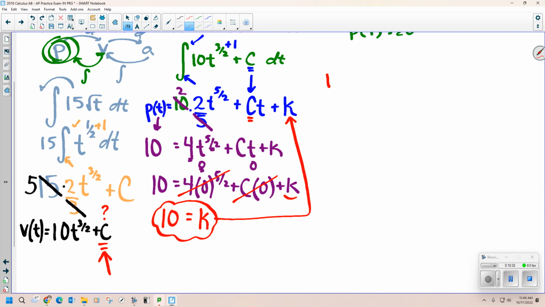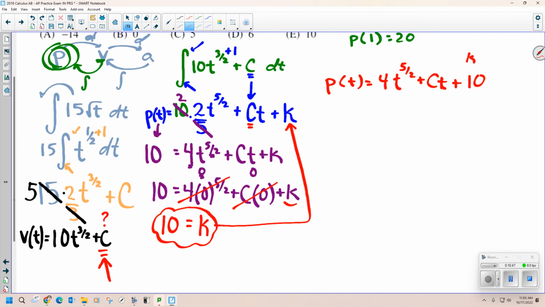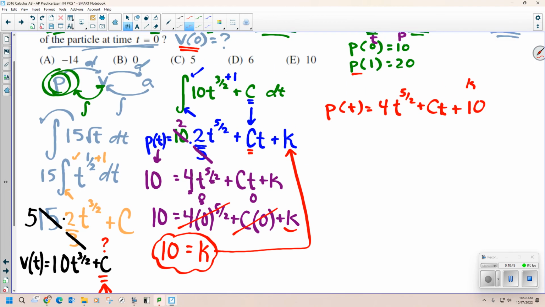So I've got position equals 4t to the 5/2 plus ct plus my k, which we just said is 10. I'm so glad they gave me 2 coordinates. I suppose I can use the first one again, but I'm going to use the second. At time 1, p should be 20.